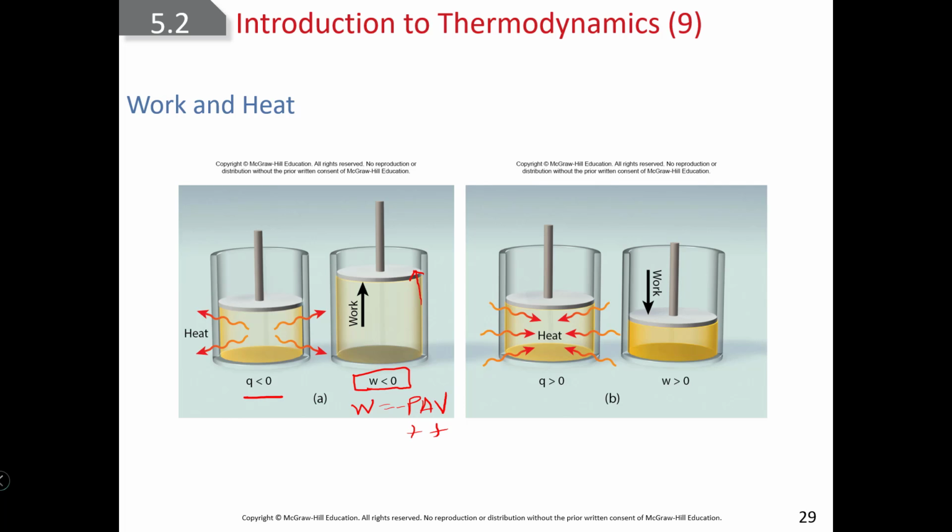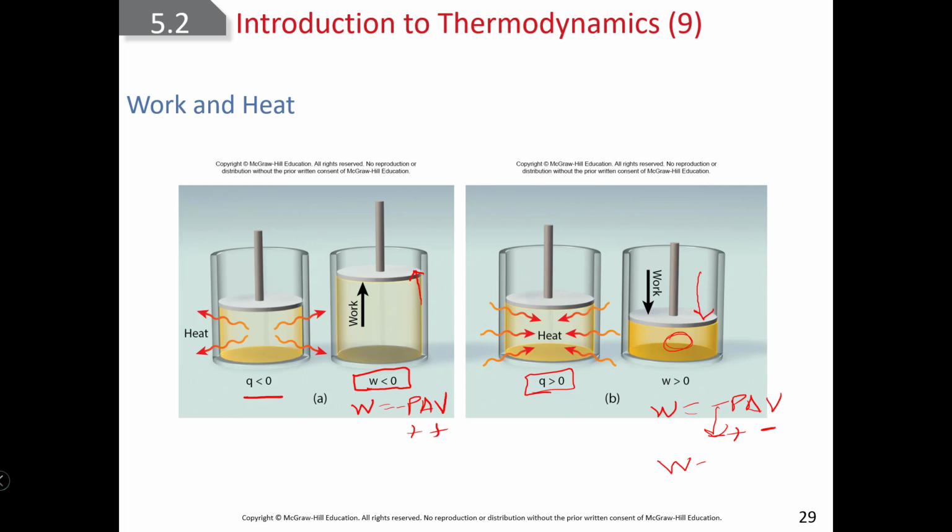But if the heat goes into the system, that's an endothermic process. Notice Q is greater than 0. And then as the volume decreases inside of the system, again, work equals negative P delta V. Volume has changed negatively. Pressure is positive. And then we have a negative here, the correction factor.